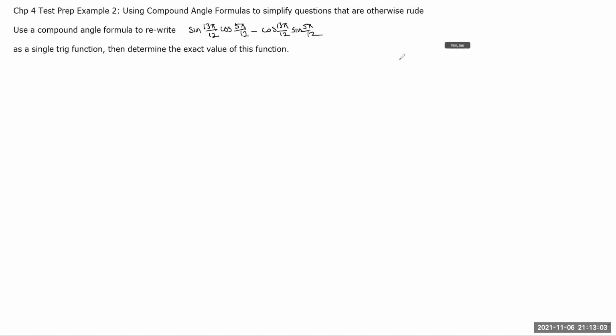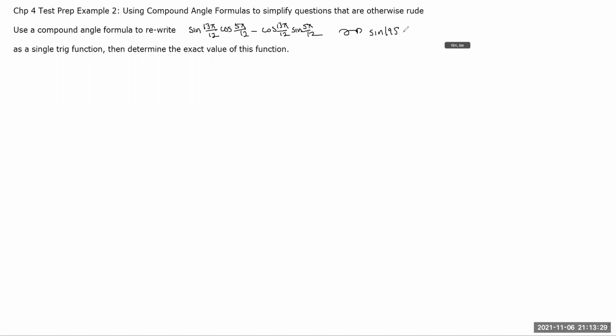So here we go. To reiterate, let me explain to you just why this question might be considered rude. Because some of you are still better with degrees, if I were to convert these angles into degrees, sine 13 pi over 12 is the equivalent of sine 195 degrees, which does not have an acute related angle of 30, 45, or 60 degrees.